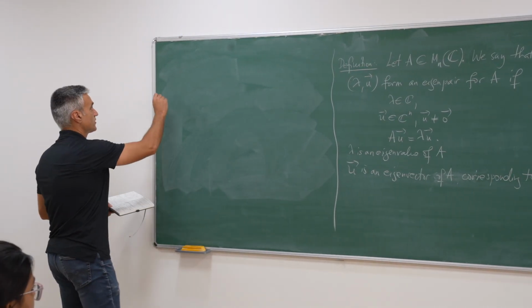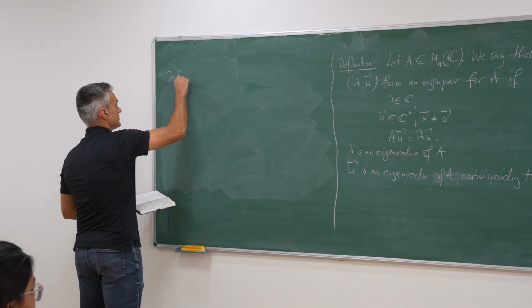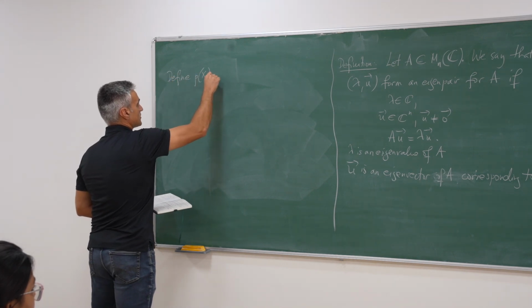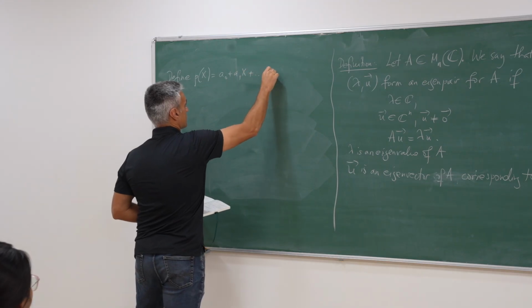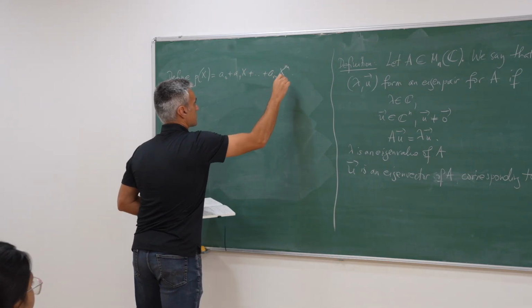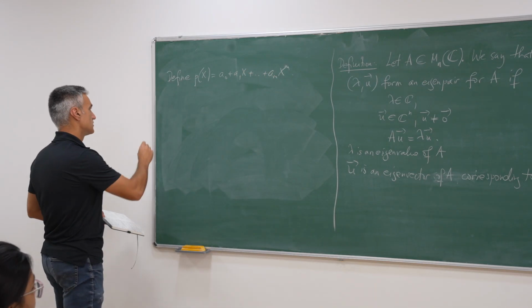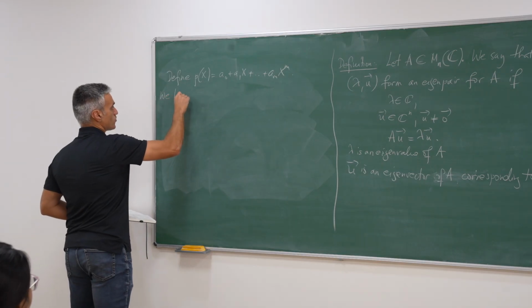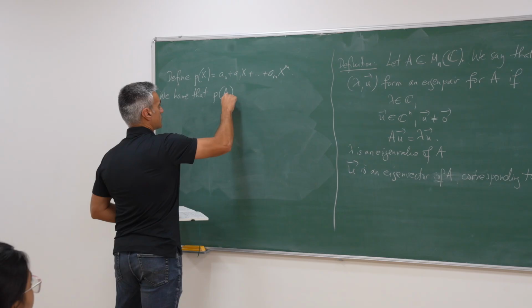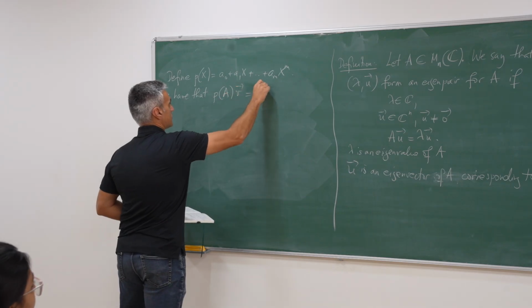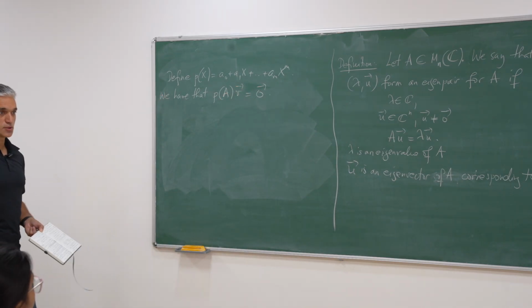So then you can define p of x to be this a_0 plus a_1 x plus ... plus a_m x^m, and then from there we have that p of A applied to V equals 0. Okay?